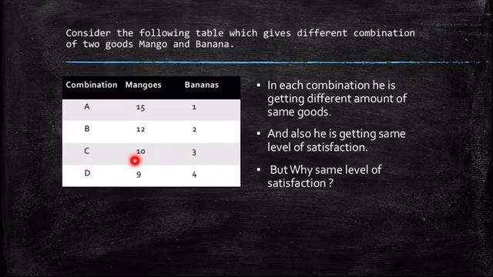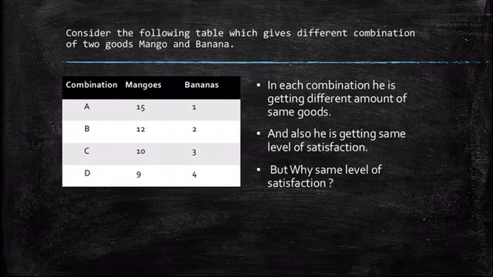While he is moving from combination C to D, he is sacrificing 1 unit of mango to get 1 unit of banana. Because of this, sacrificing some quantities of one good to get some quantities of another good is making him stay at the same level of satisfaction.